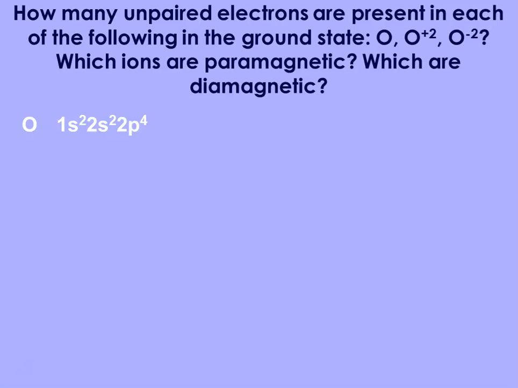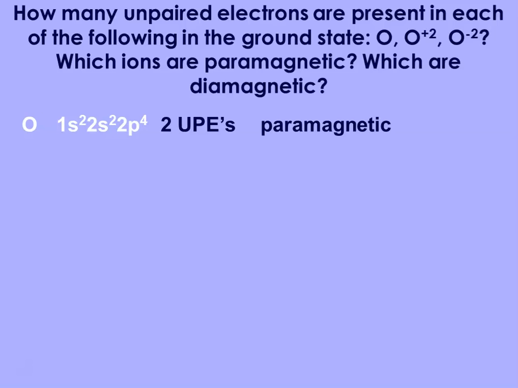Only the 2p is the one that I need to look at to determine the unpaired electrons. I would put one in each of the 2p orbitals, and then I would pair up one of those electrons with the fourth 2p electron. The other two would not have an electron that they are sharing their orbital with, and so there would be 2 unpaired electrons.